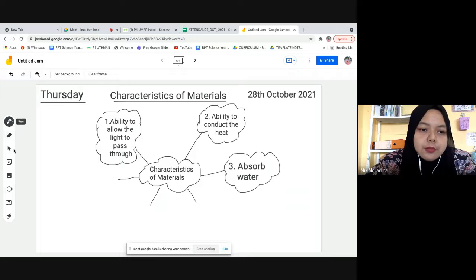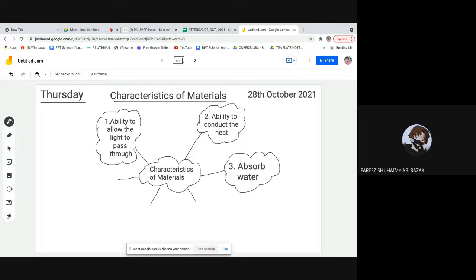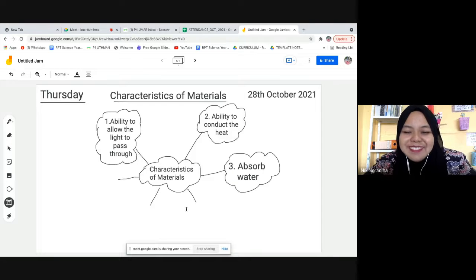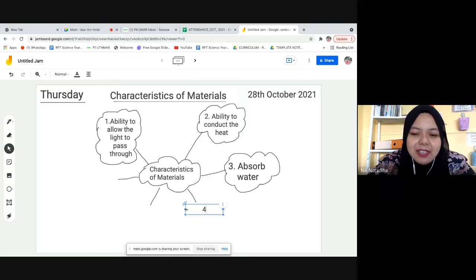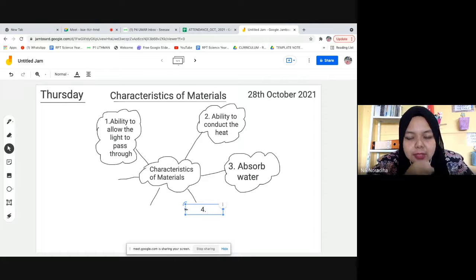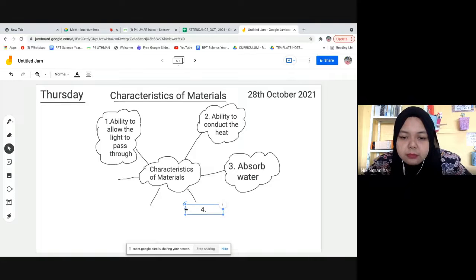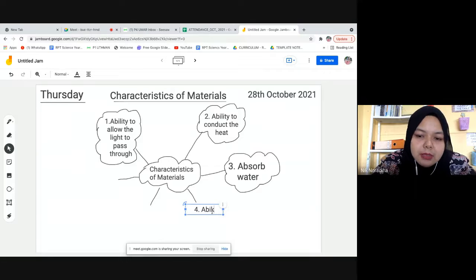Number four. Just now I couldn't hear because someone was opening something and it made a noise. It's okay. Faris, can you give teacher the next characteristic? Allow the heat to pass through, done. Allow the light to pass through, done. Absorb water, done. What else? Aside from heat, what else? Ability to conduct what?